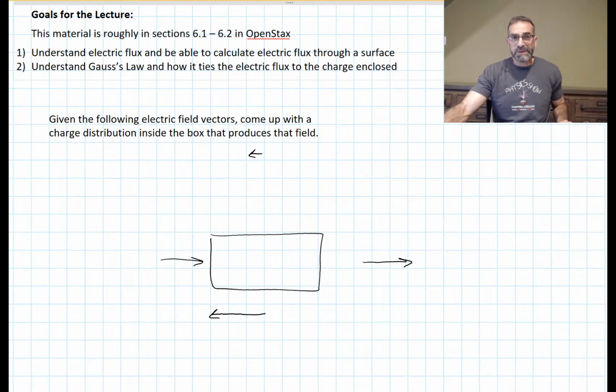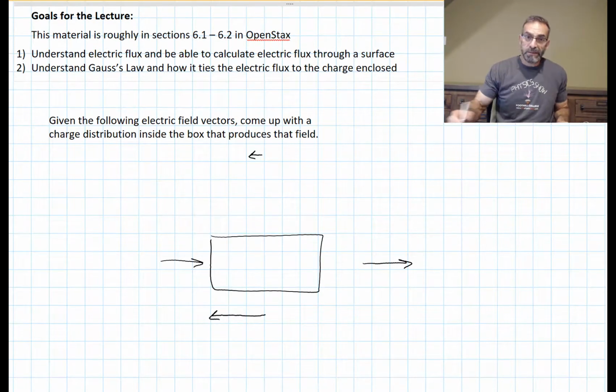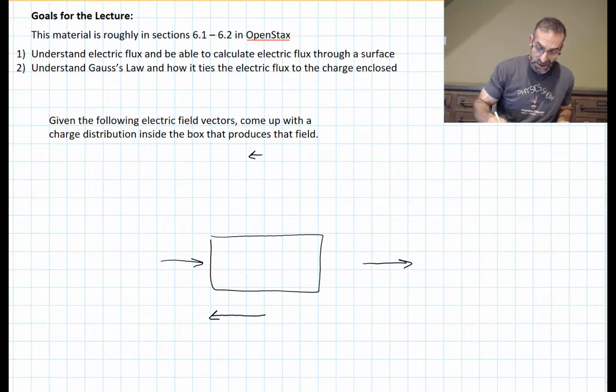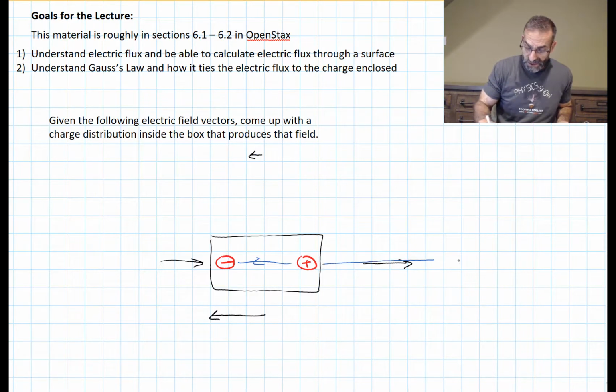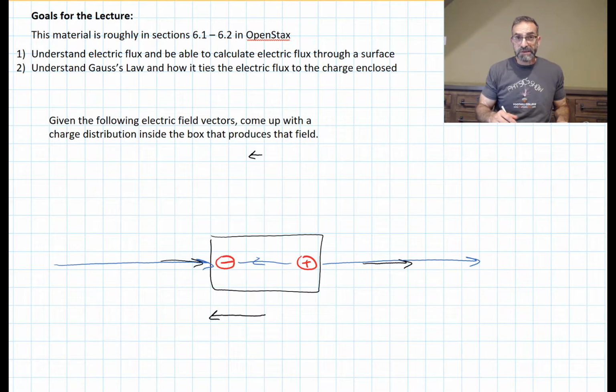One possible solution is a positive and negative charge, two charges separated by a small distance. I'm going to draw in two charges, a negative on the left side and a positive on the right side. And I'll use blue to put the electric field line, so the field goes from the positive to the negative. It also goes out towards infinity in this direction, and it comes in from infinity to the negative charge in this direction.